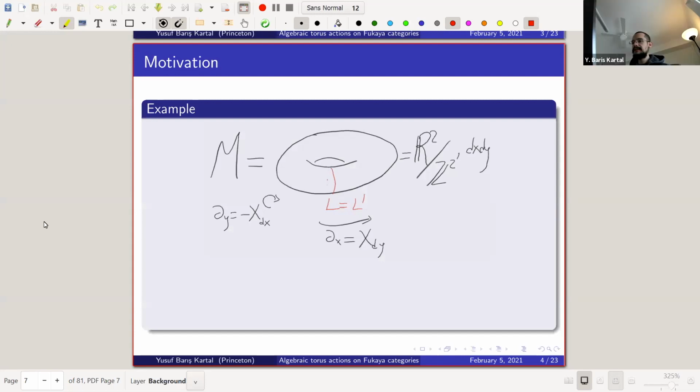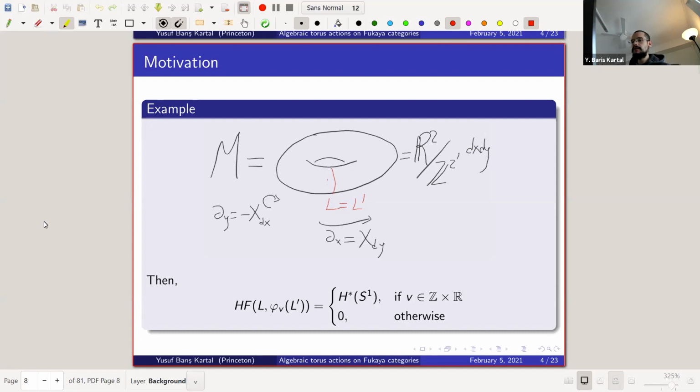Okay, so here's an example. This is not an example of the theorem that I'm going to speak about, but it's a counterexample to the theorem. What happens if you don't put the assumptions? So start with the two torus, and pick L to be one of the longitudes here, and those are the symplectic vector fields corresponding to the one forms dx and dy.